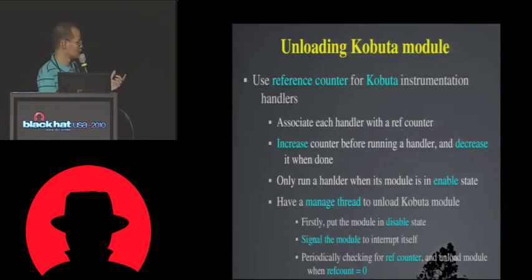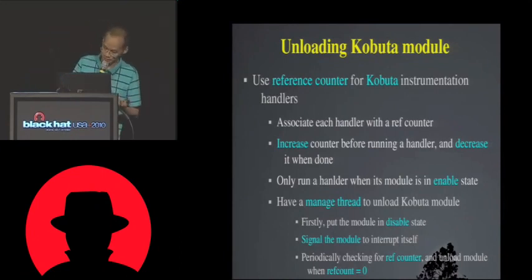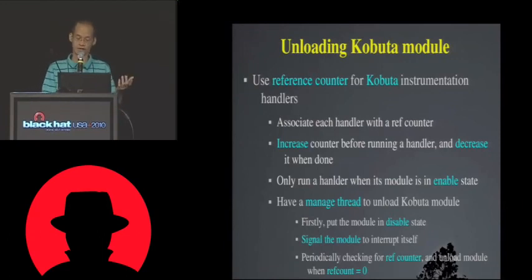Now, when you want to unload the module from the memory, first we put the module in the disable state, and we signal the module to interrupt itself. And we have one dedicated manager thread to periodically check the reference counter of the module to be unloaded. And we only unload the module when the reference counter reaches 0. So after that it's safe. So actually this is a type of asynchronous mechanism to unload the module. We might not unload it immediately, but it might take some time.